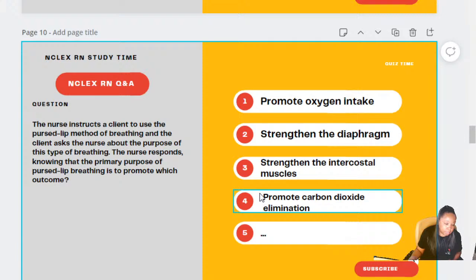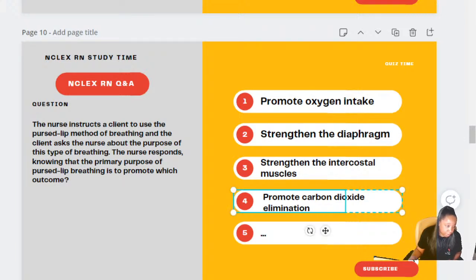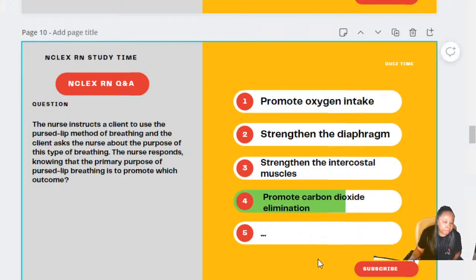The answer is 4. You know why? Because a patient with COPD has a buildup of CO2. They have CO2 retention. That means they retain CO2, which is carbon dioxide. So this is the reason COPD patients cannot breathe properly, and their oxygen saturation is very low because of the buildup of the CO2.